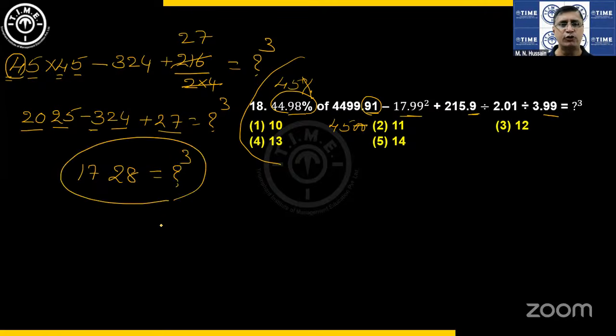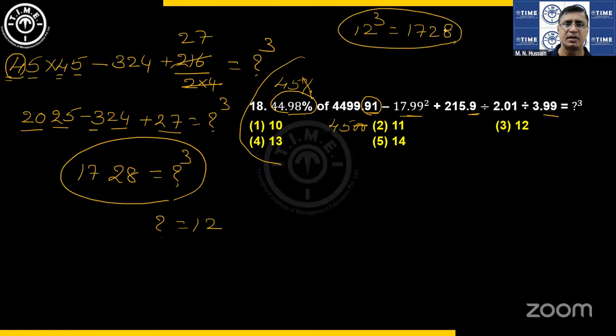Now, what is the value of question mark? Dear students, 12 cube. The value of 12 cube is 1728. Hence, now the question mark is equal to 12. Answer choice 3. The third option is the answer for this question.